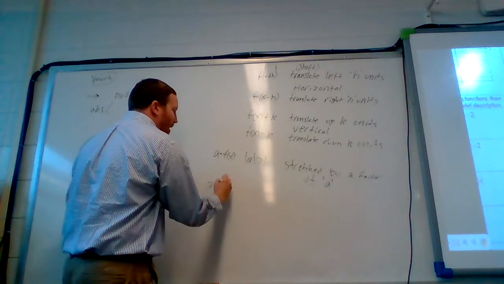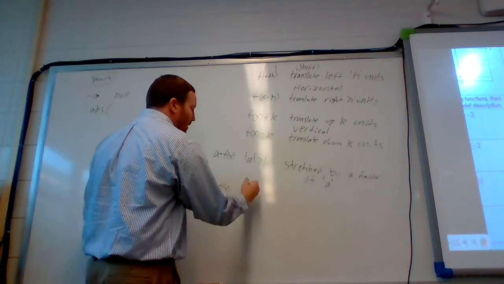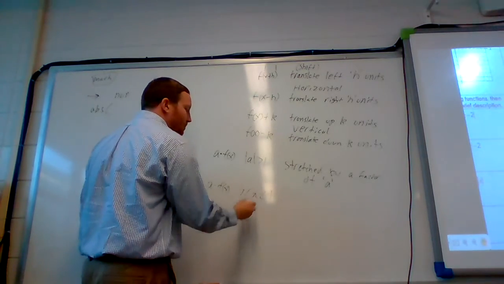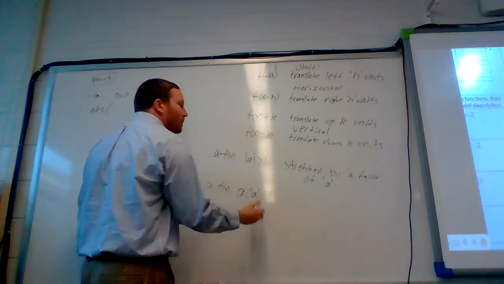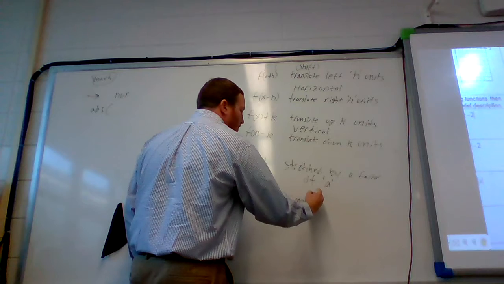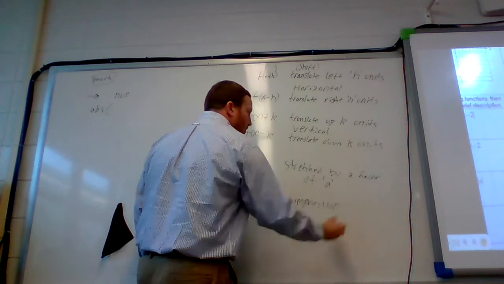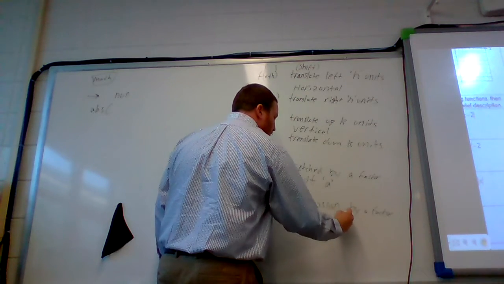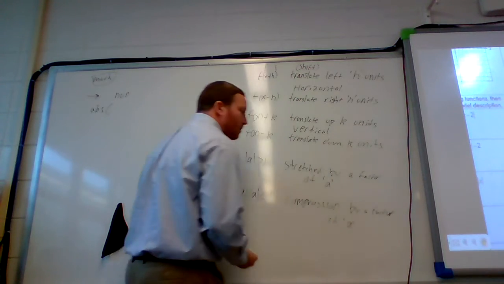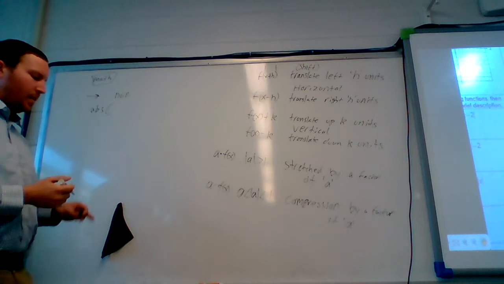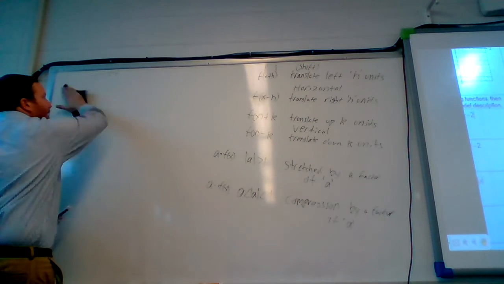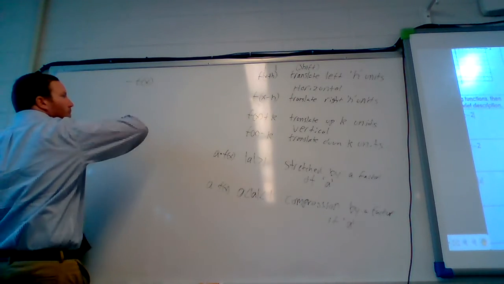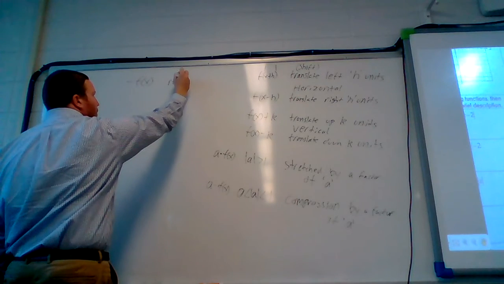When we multiply by a, and a is greater than 0 but less than 1, that's our compression, and again by a factor of a. And then our last one, when we multiply by a negative, that was our reflection.